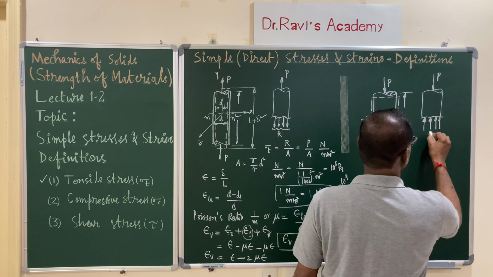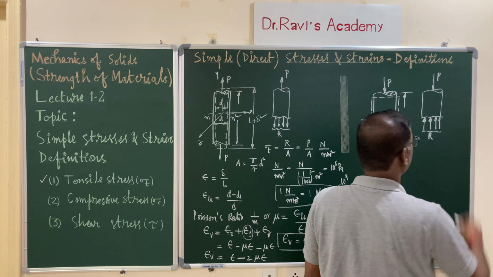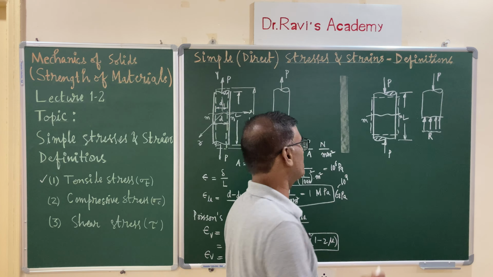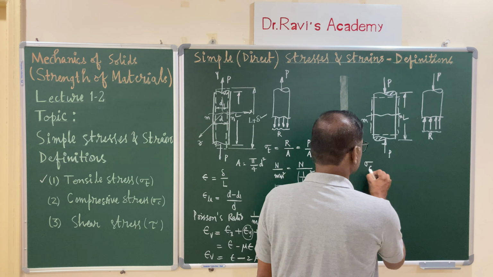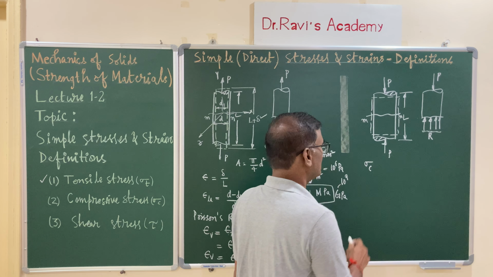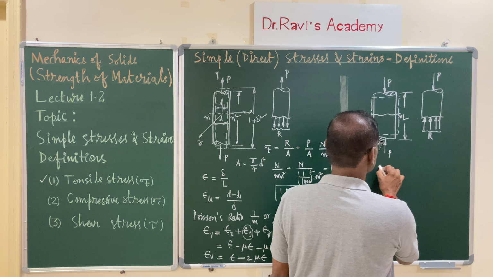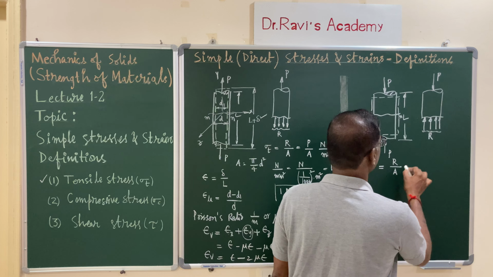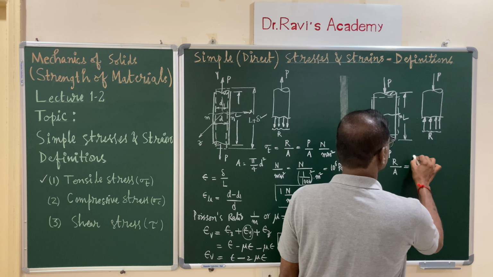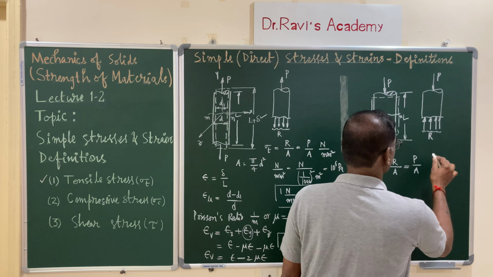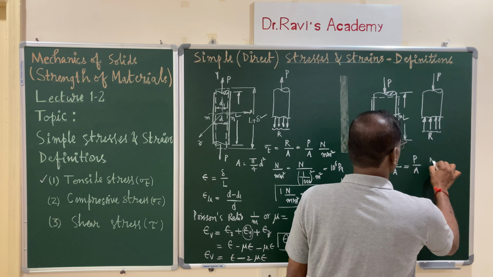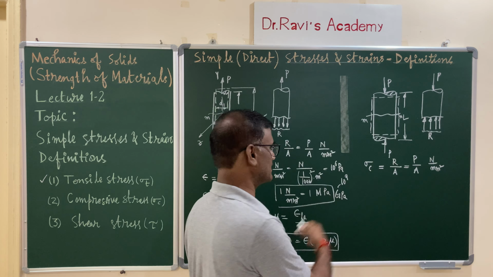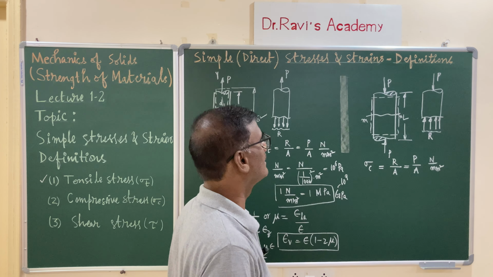This is the resultant resisting force, the sum of all these forces, and now you can define the compressive stress sigma C. The subscript used is C. Normal stress sigma, compressive stress, is nothing but R by the cross-section area A, and R is equal to the external load P, so P by A, and of course the units are Newton per mm square, and whatever we have analyzed here is applicable to compressive also.